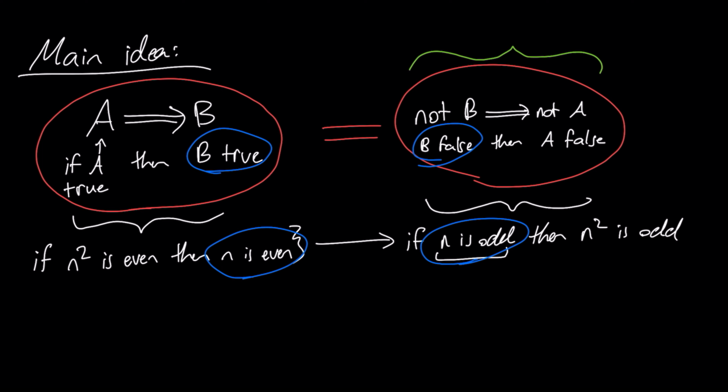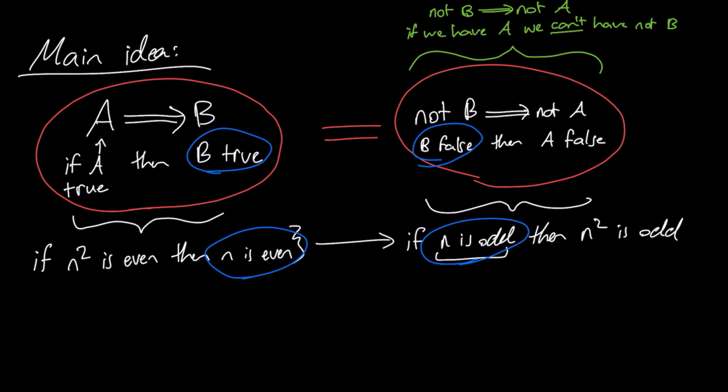So let's say we have this: not B implies not A. So not B tells us for sure we have not A. This means that if we have A being true, we can't have not B. We can't have B being false if A is true, because B being false implies A is false.